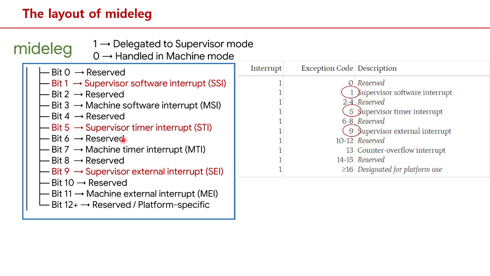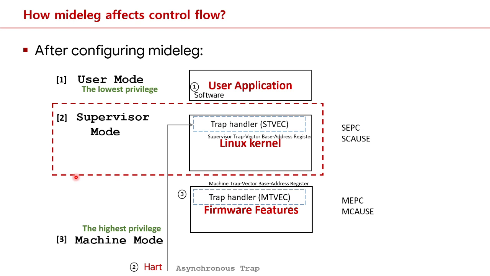This rule can also be applied to the supervisor external interrupt, where the bit position is 9. So if you configure the value of the machine interrupt delegation register, it will affect the control flow of the trap operation, in terms of a synchronous trap.